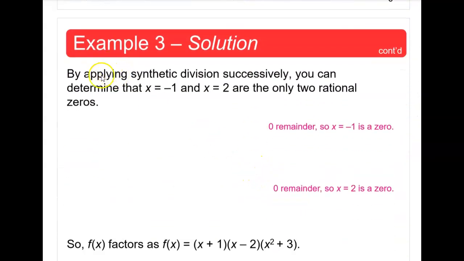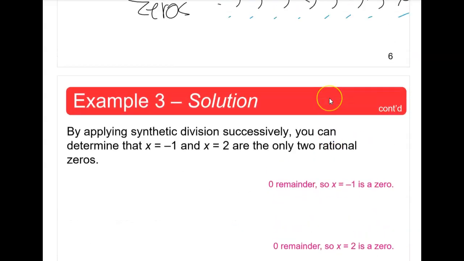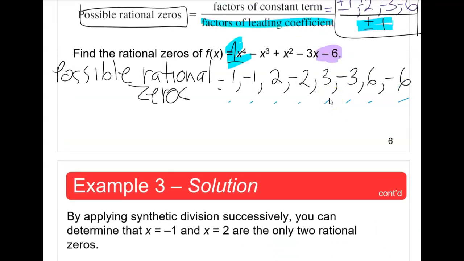Okay, so what we're going to do next, and here you are welcome to graph your polynomial and see where it's touching the x-axis. That way you could start testing possible numbers that will be more likely to be zeros.